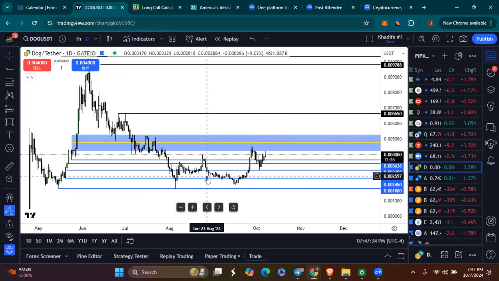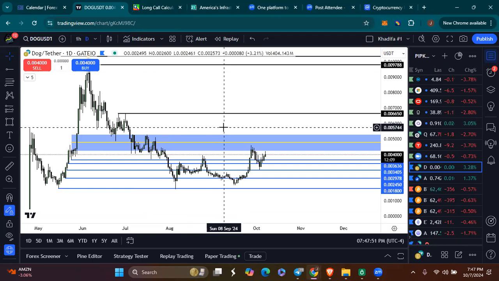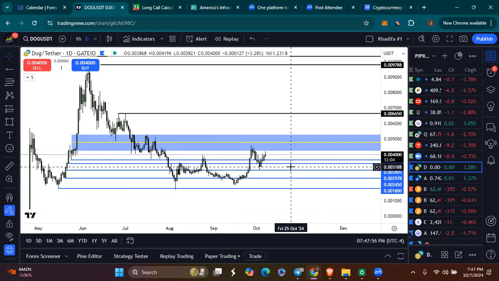DOG is the number one meme coin on the Bitcoin blockchain, which is the biggest blockchain in the industry with over 1.2 trillion dollars in market cap. So as Bitcoin continues to grow in market cap, so will DOG.